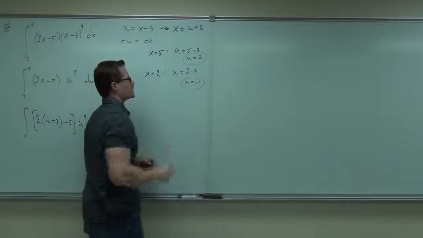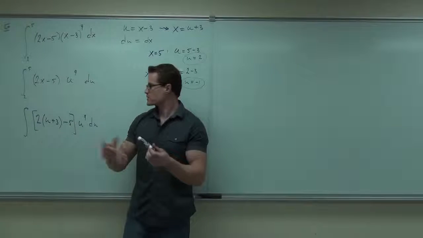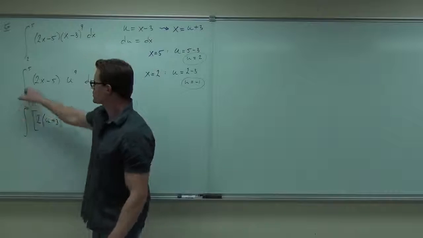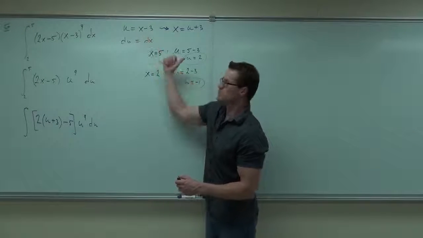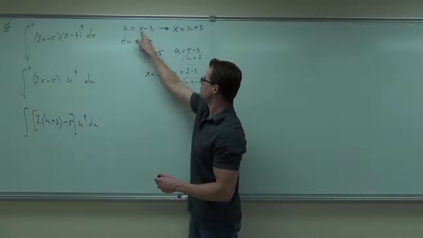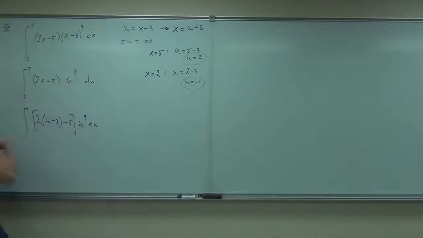I'm pretty sure I got 2 and negative 1. Did you get 2 and negative 1? All right, so let's change our bounds down here. Instead of going from 2 to 5, we know that if we plug in 5, we're going to get 2. If we plug in 2, we're going to get negative 1. So that changes from 2 to 5 into negative 1 to 2.